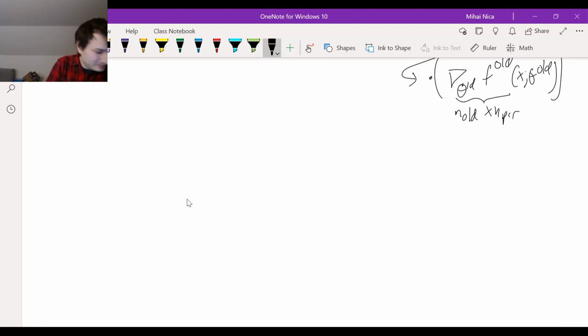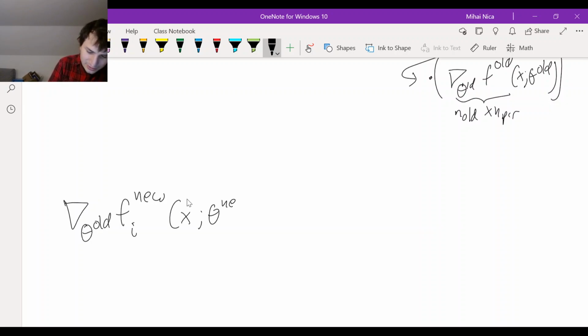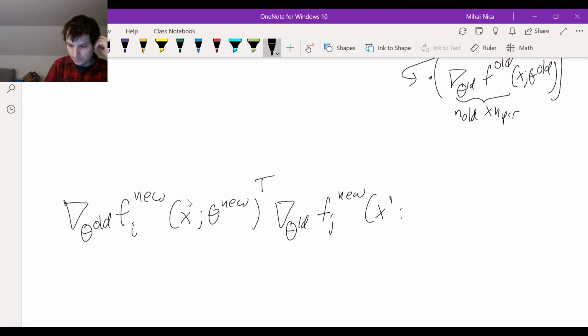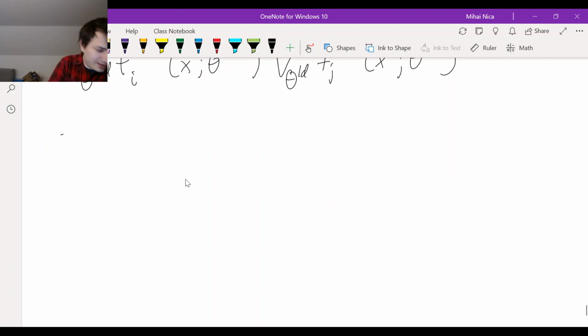So here it goes. If you write it out, theta old of f new i x theta new transpose. So if you write this out, what do you get?